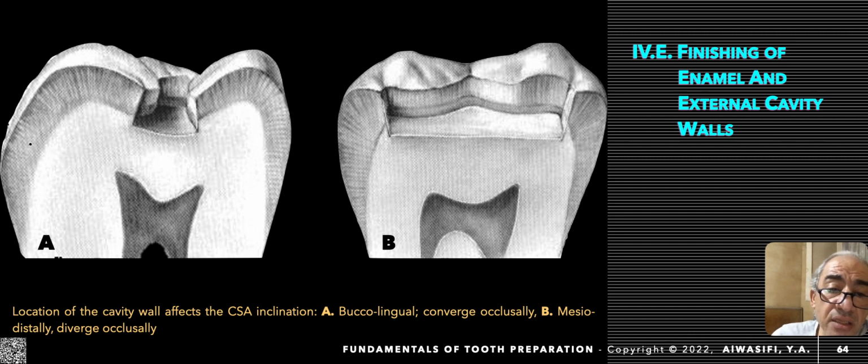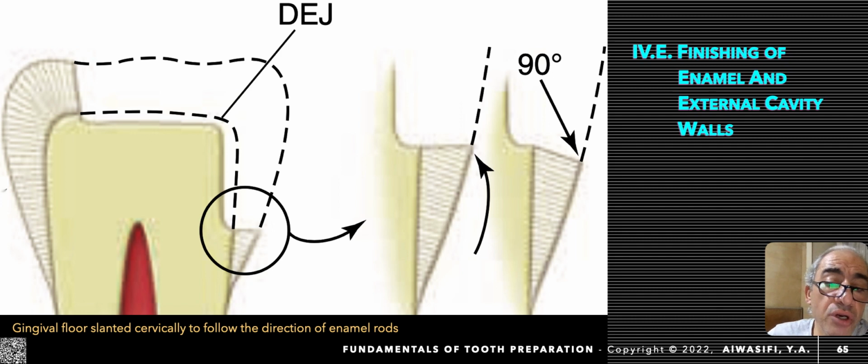While the mesial wall will be parallel to the mesial surface, distal wall parallel to the distal surface. That is to ensure that this cavo surface angle will be 90, and mesial and distal walls will appear to be slightly diverge. Gingival floor is a very critical area.